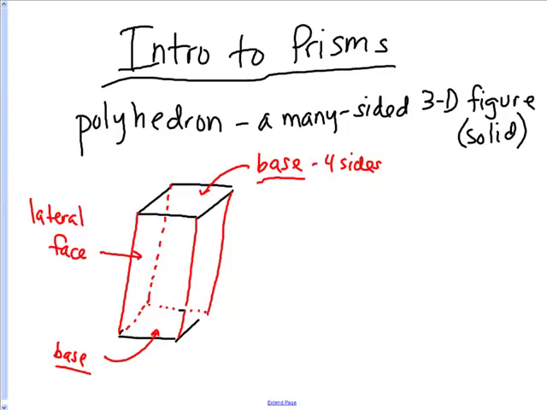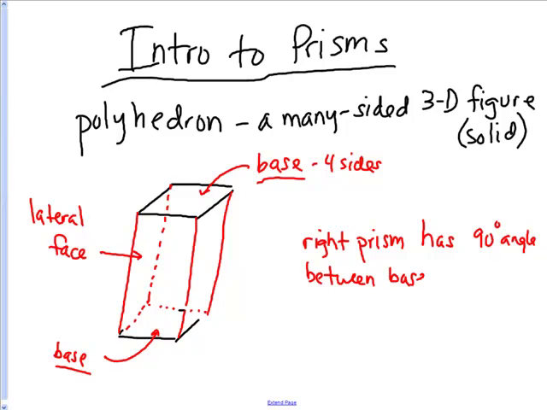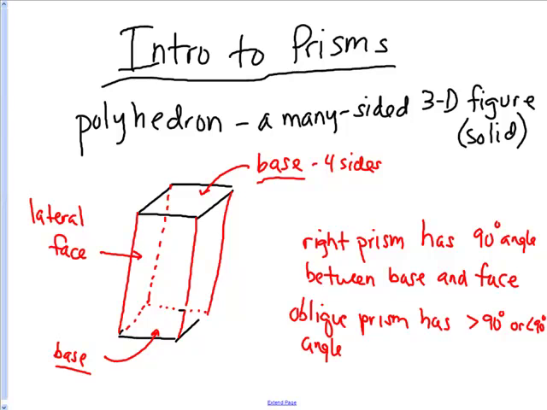If it is not, then it is called an oblique prism. Okay?